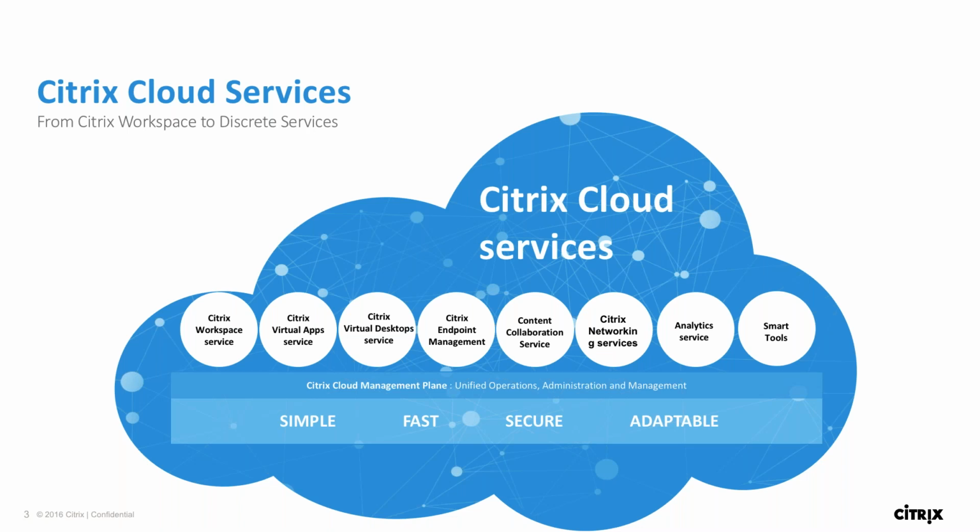We also unify our products into an integrated portfolio of services that more holistically addresses the needs of today's hybrid and multi-cloud IT environments. What this means for you is a better way to provide any service to any user that is simple, fast, secure, and adaptable. Citrix administrators use a single management pane to deliver unified and reliable access to applications, networks, or data when employees need it. Next slide, please.